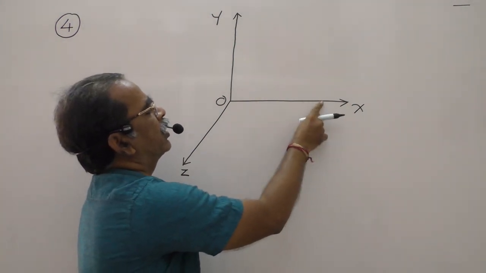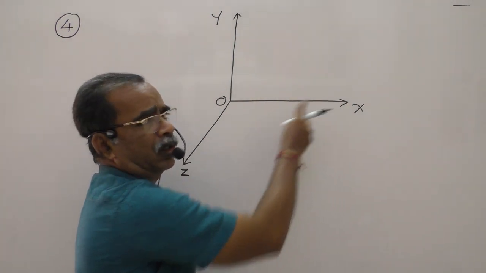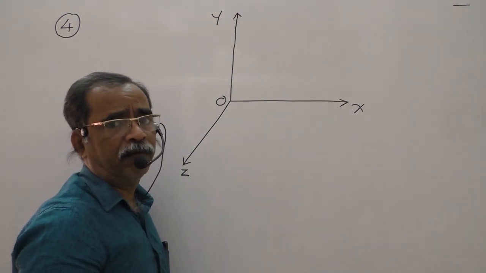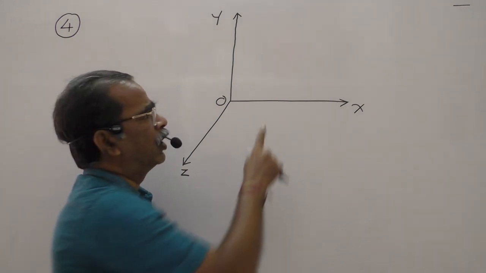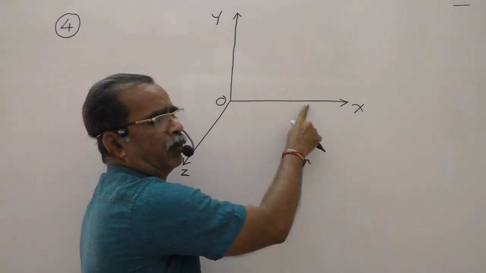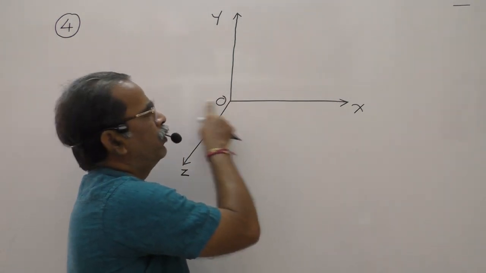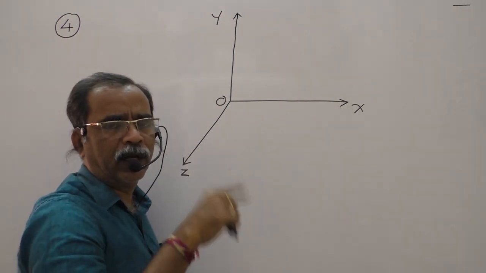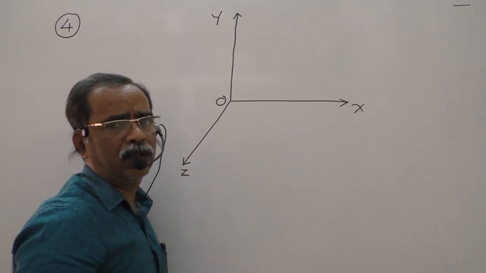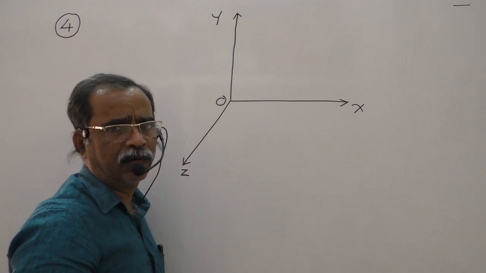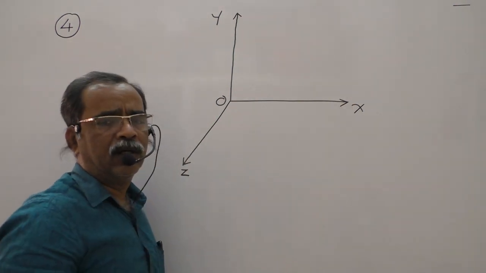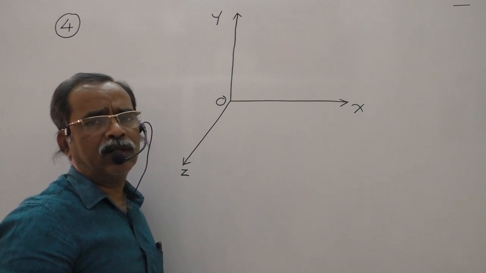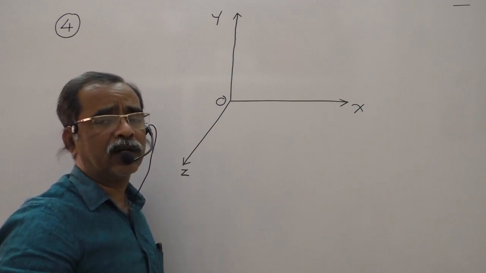If you take points on the x-axis, points are of which form? 1, 0, 0, 2, 0, 0, 3, 0, 0. If you take the negative x-axis, minus 1, 0, 0, etc. What is your observation? For all the points on the x-axis, their y-coordinates are zero and z-coordinates are zero.